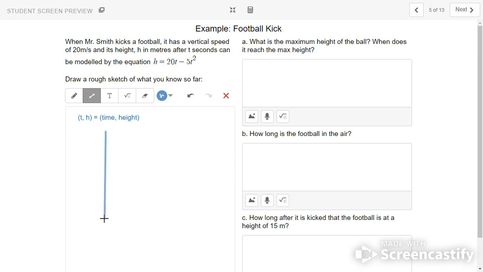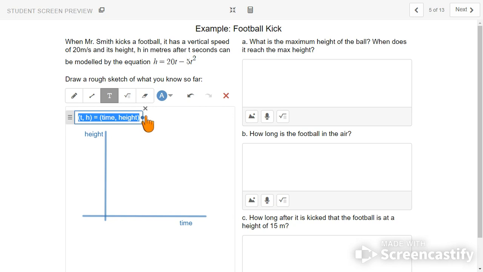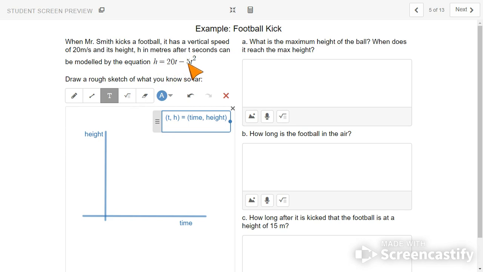So if we start with our axes here, I could label my x-axis as time and the y-axis as height. Another thing I know based on the equation is that I have a negative a value, so this parabola is going to open down.